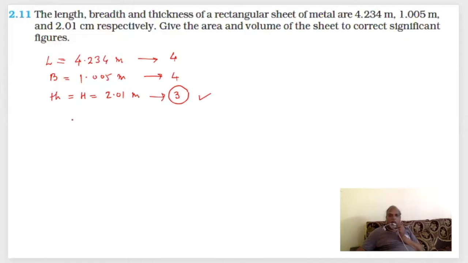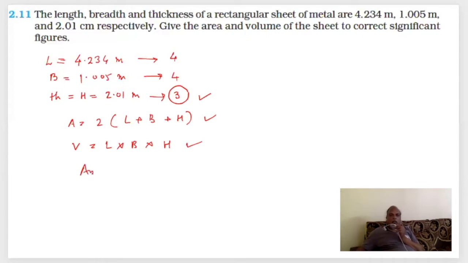So, now we can find out area, which is nothing but 2(L plus B plus H), and volume will be nothing but L into B into H. Now make these calculations and ensure that the answer is reported in three significant figures only.